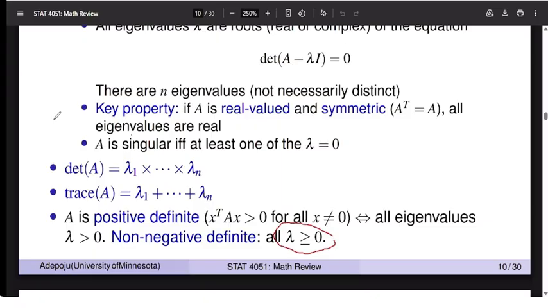I want to believe that when we start optimization, we expect it to be strictly positive definite for a global minimum. We're still going to talk about all of that. So eigenvalues have to be strictly positive. We're giving you this information now.